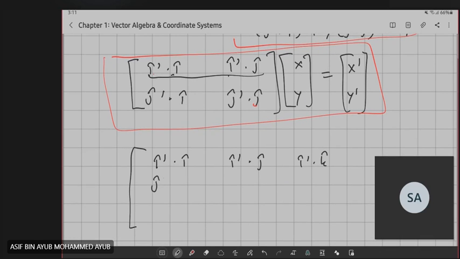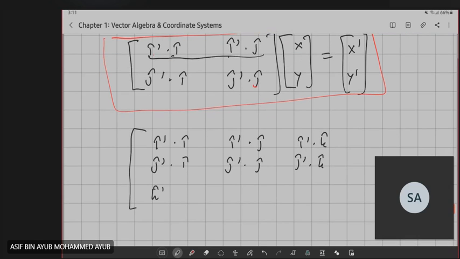And then for the second row, you have j prime dotted with I, j prime dotted with j, and j prime dotted with k. And in the third row, you'll have k prime dotted with I, k prime dotted with j, and k prime dotted with k.